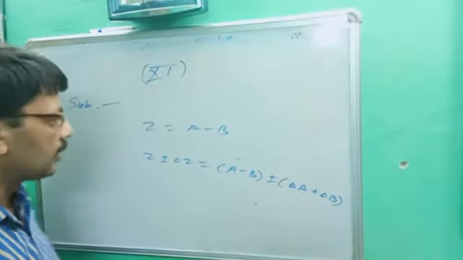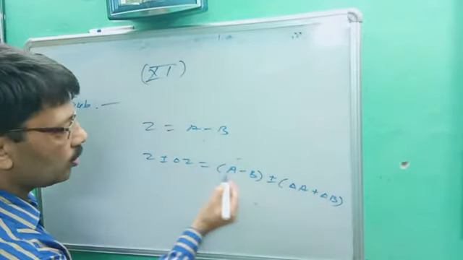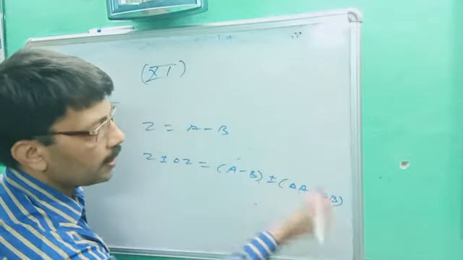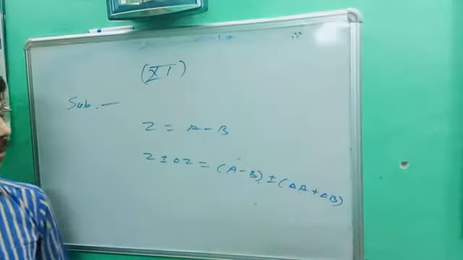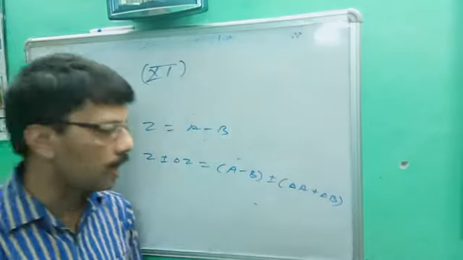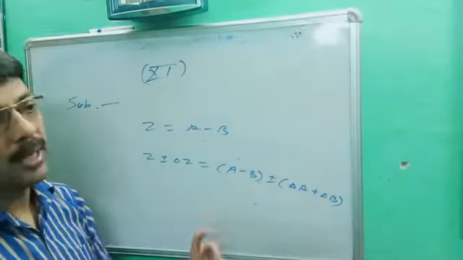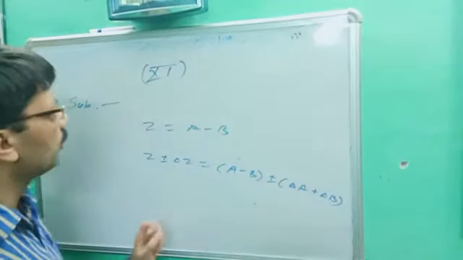So we get Z plus minus del Z is equal to A minus B, while inside del A plus del B. This is the formula for combination of error in subtraction. When we put some examples, you can better understand what will be its answer.